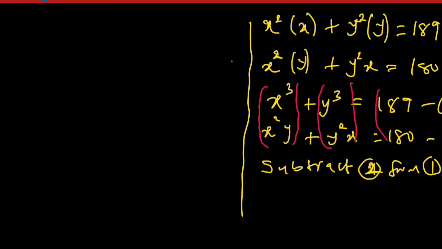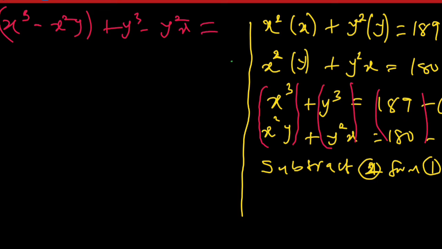Then I'll have x cubed minus x squared y, let me bracket it out, plus y cubed minus y squared x. Everything should equal 189 minus 180, which gives 9.